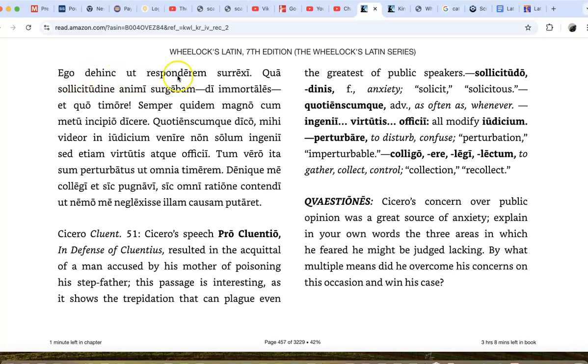I, then, to respond, I got up, about, worry of the mind, I was getting up, God's immortal, and how, fearful, always, indeed, great with fear, I begin to speak. As often I speak, me, I seem, in judgment to come, not only of my mind, but also of virtue and also of duty.